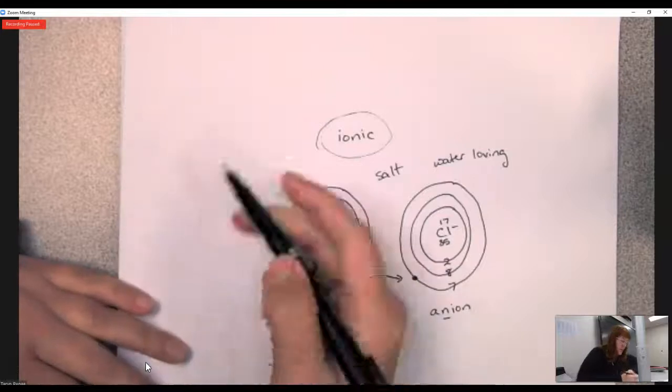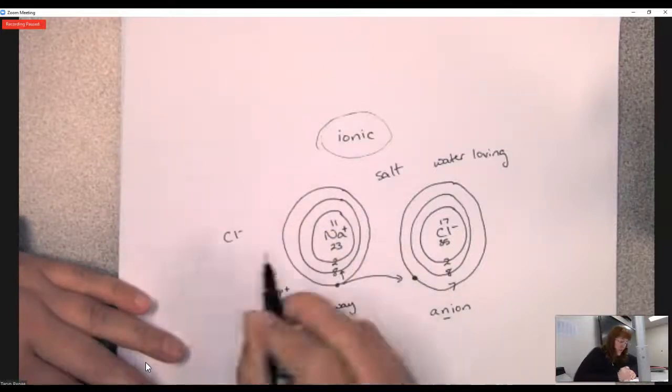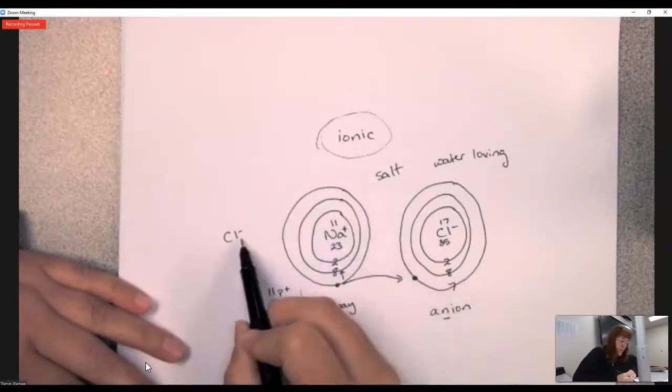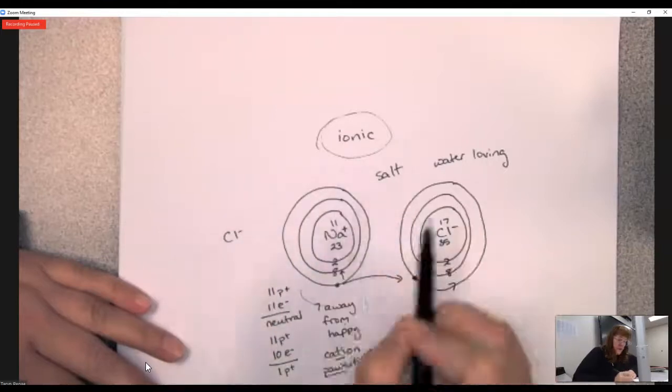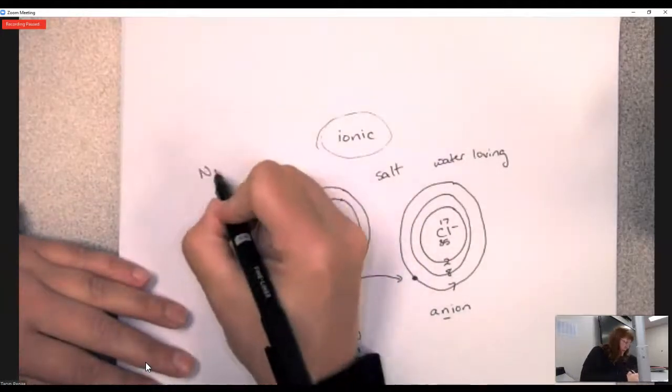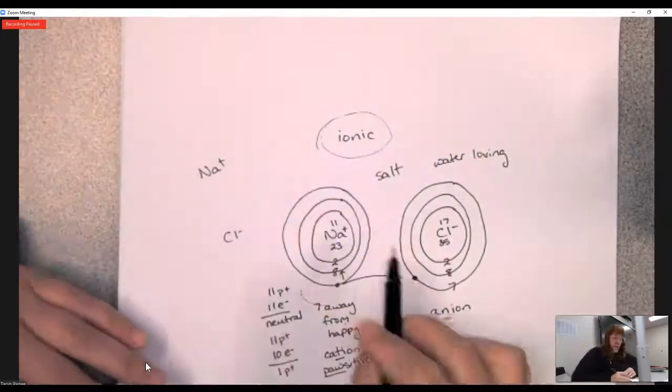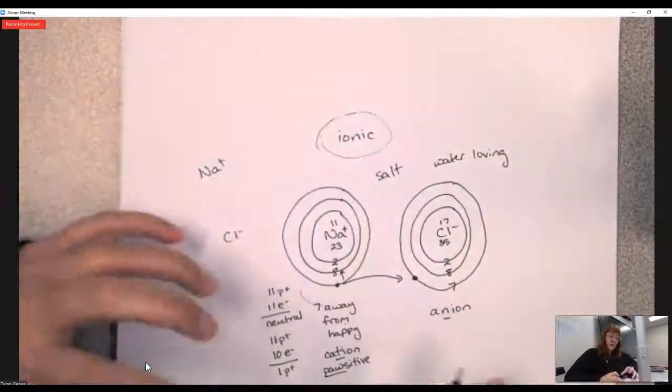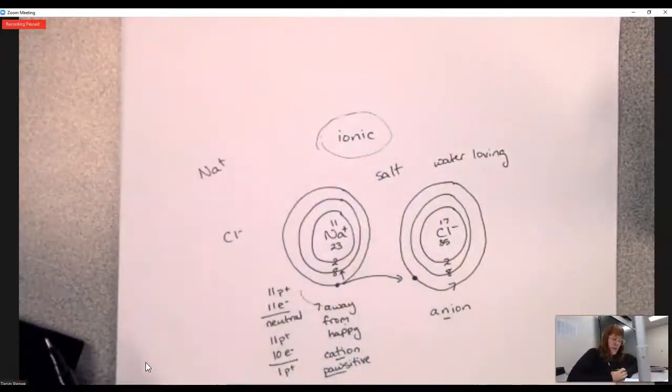So if there were another chloride ion over here, this sodium ion would be equally attracted to this chloride ion as it is to every other one. And the same goes for a chlorine. If there was another sodium plus over here, they're all just kind of transiently attracted to all the other negatively charged atoms. So it's not a strong bond.